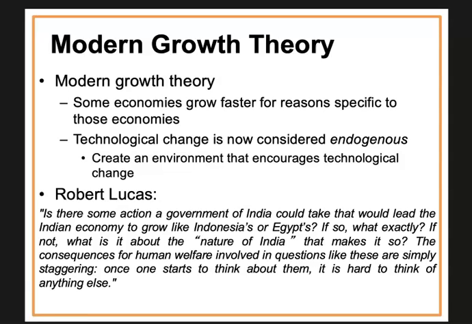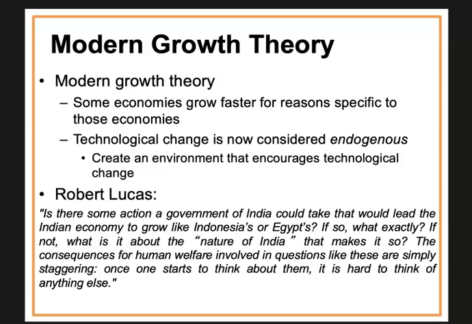So this economist, Robert Lucas, is a Nobel Prize winning macroeconomist. He said, here is why it matters for policy. If technological change is based on pure randomness, there's not much we can do to encourage growth.